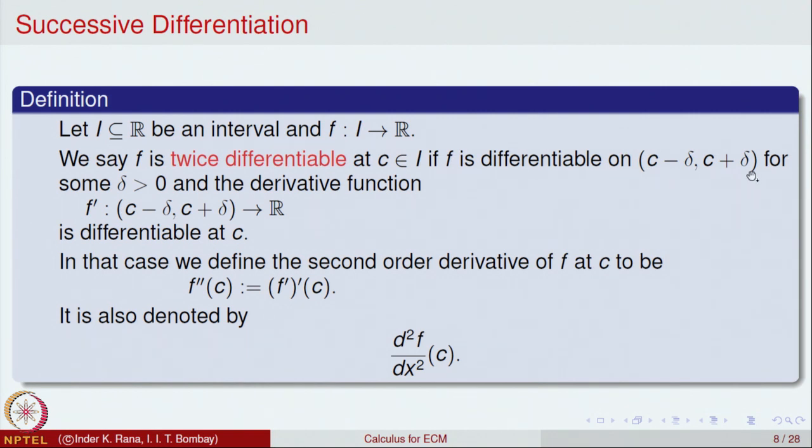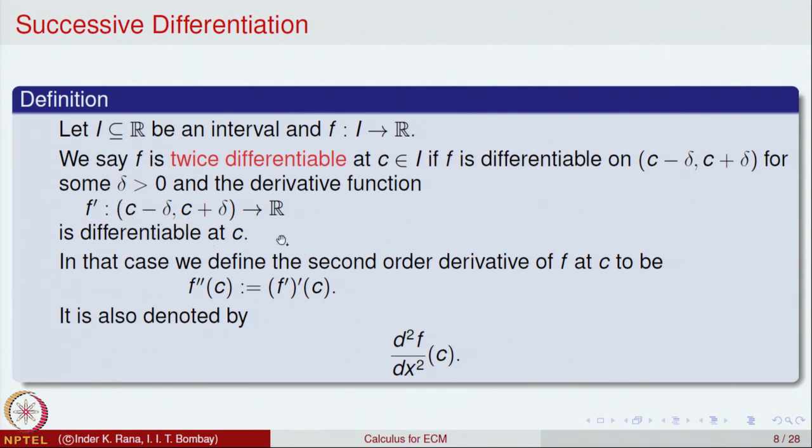Once it is differentiable at every point x in this interval, we will get f dash of x. So, f dash is now a function defined in the interval C minus delta to C plus delta. At every point the function is given to be differentiable in that interval. So, f dash is a function and I can ask whether f dash is again differentiable at the point C or not.